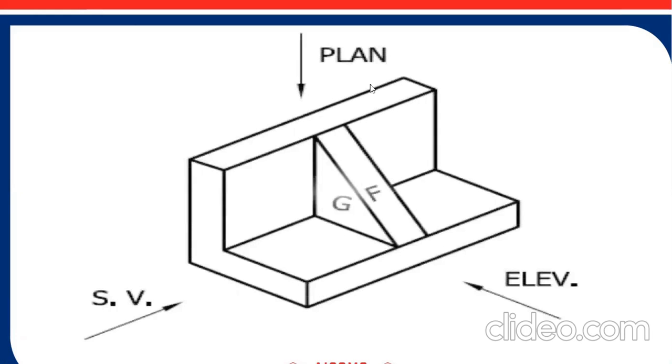Now the next example, to draw the front view. You can see this surface, this base plate, in front view. This rib also, and this surface. In case of top view, this surface is visible to us, and the rib also, because we have to change our position.